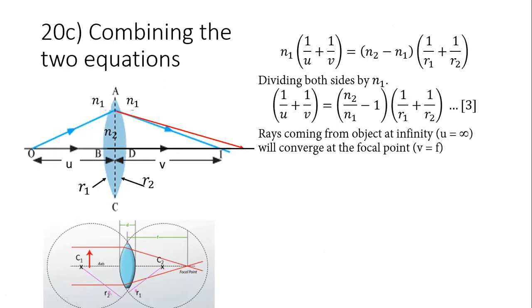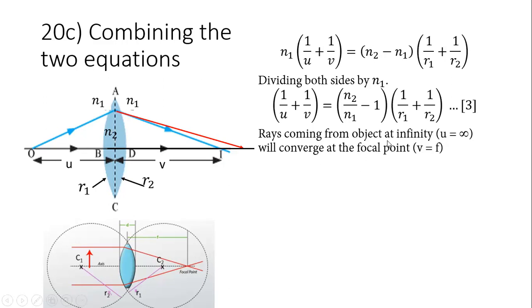And we can go to rays coming from an object at infinity. If it's a ray coming from an object at infinity, then your U will be infinite, and the rays will converge to the focal point. That's the definition that we use.